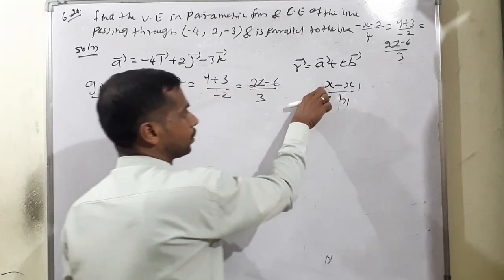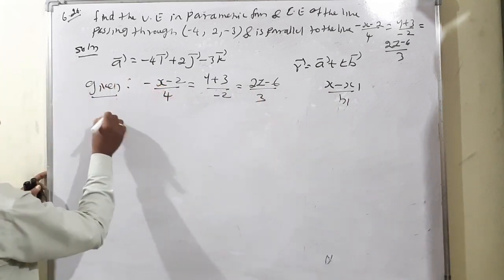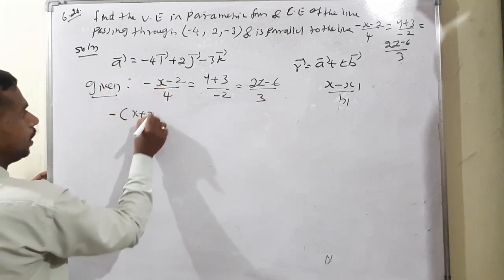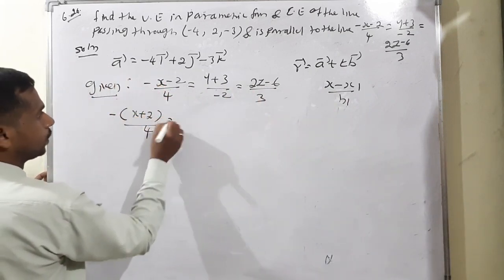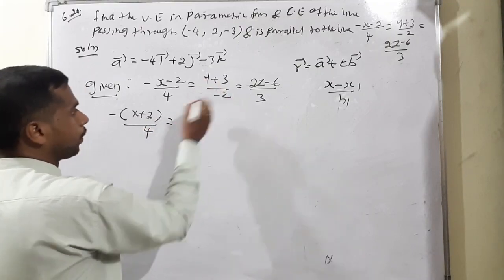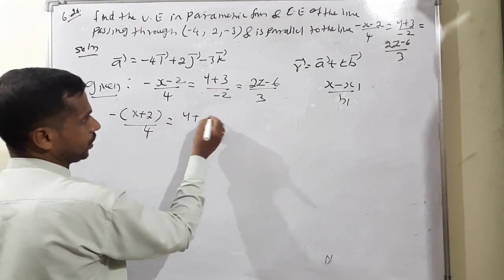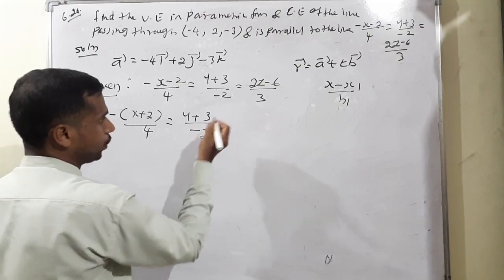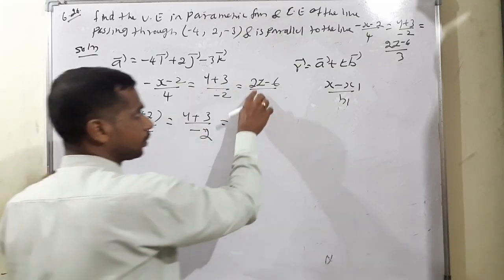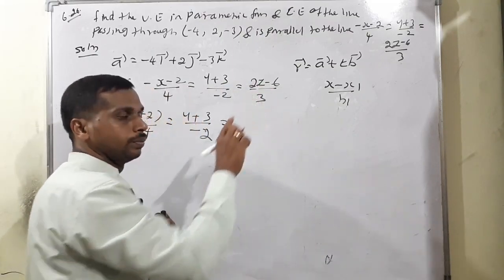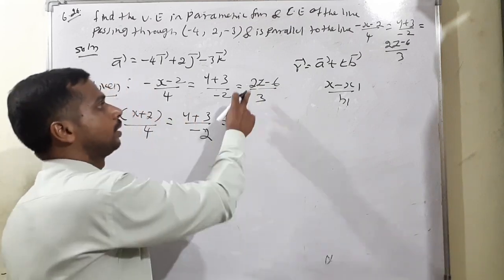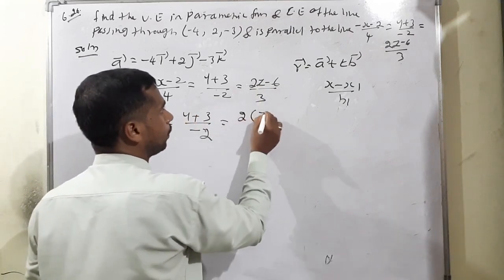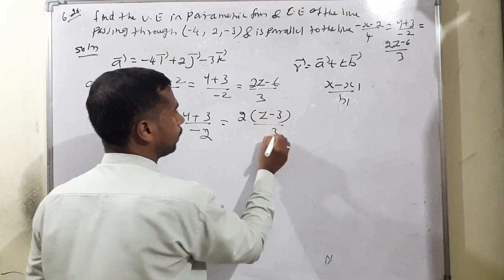It starts positive, but here there is a negative, so take the negative common outside, meaning x plus 2 divided by 4. Next, y starts with a positive, so no need to change: y plus 3 divided by negative 2. The last one also starts with z only, with coefficient 1, but there is a 2, so take 2 common outside, meaning z minus 3 divided by 3.